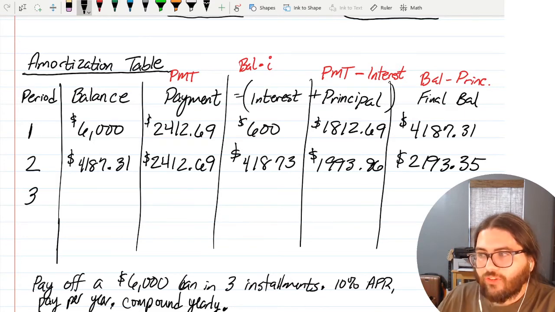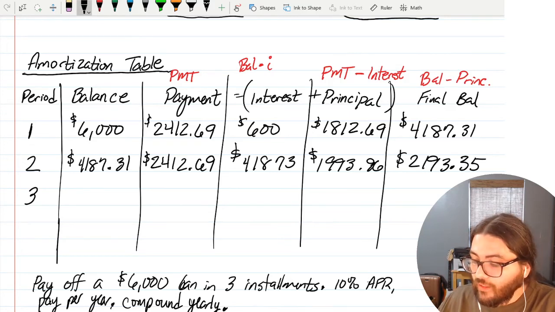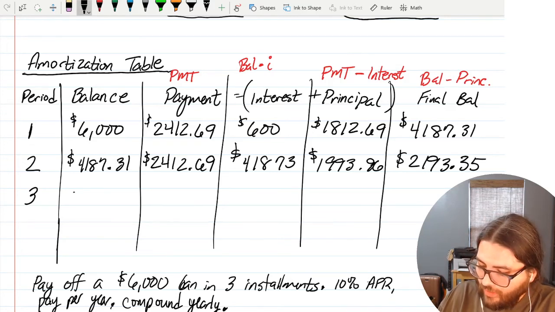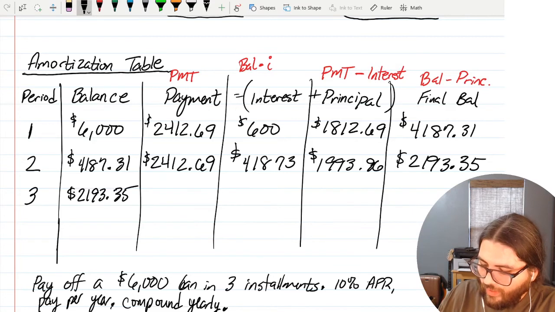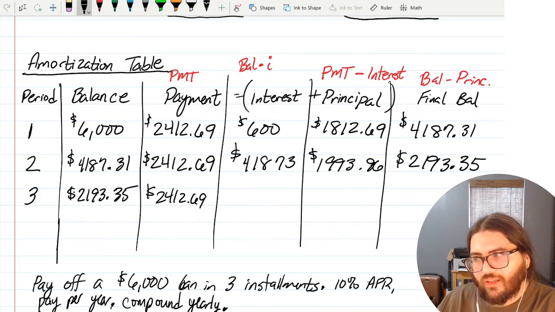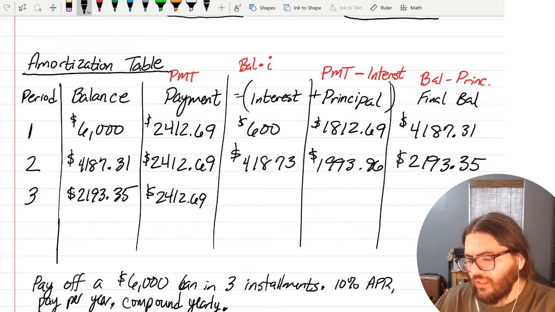This is the last payment. And the last payment of every amortization table will be a little bit different, because if I took this balance from period number 2 and I just did my payment, 241269, it seems like too much, right? Well, it might be.